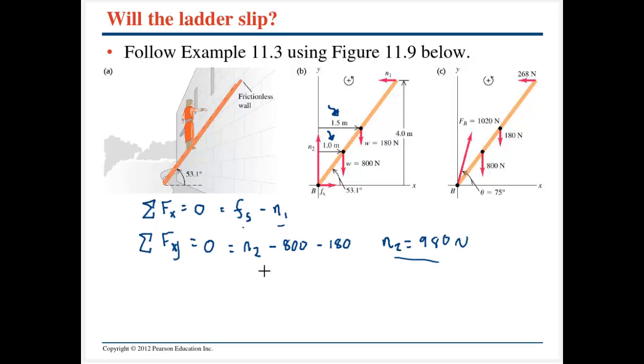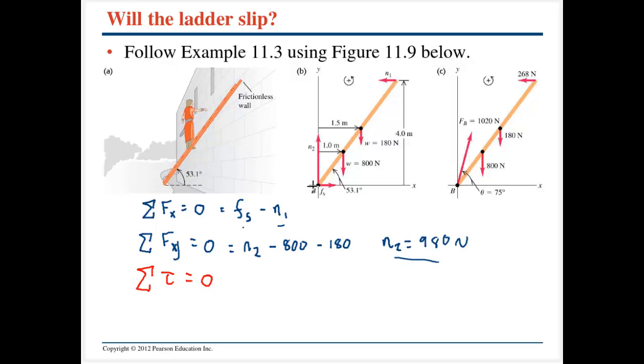Now to solve for the normal force 1, I need another equation. What I can do is say I know that this guy is in equilibrium, so I'm going to say the sum of the torques is going to be equal to 0. And I can choose my pivot point wherever I want.